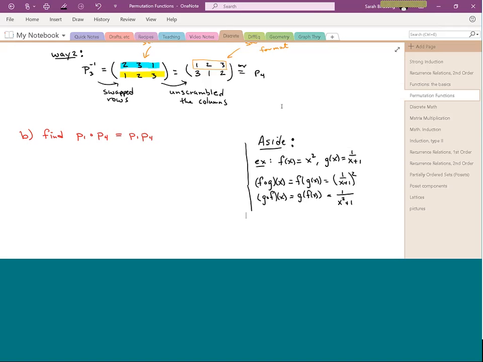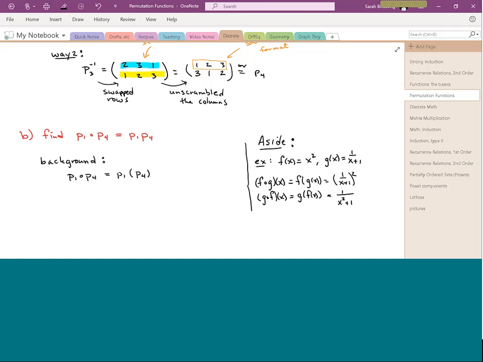So what this is asking us to do, the background, our P1 composed with P4 is literally telling you to what? It's telling you to plug P4 into P1 if we actually had formulas.